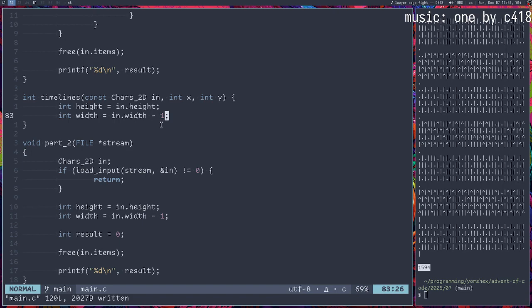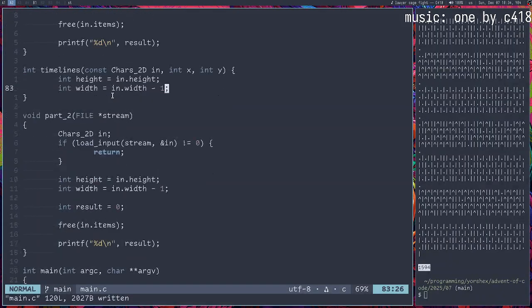Oh, right. We need to know what the x and y is.